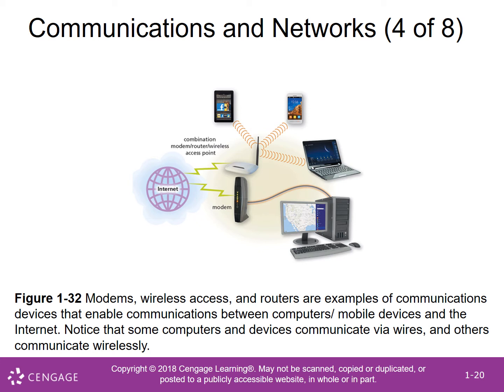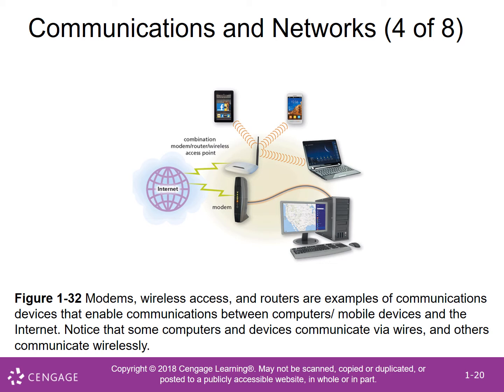The way we define the modem is the one that converts the analog to digital signal, or one signal to another signal. Computer is digital. Then when we transmit it, it's in analog. So there's a device that needs to convert that, and that device is the modem. A router, you'll be exposed more to routers in Cisco, but again, when we connect to the internet, we need a router.